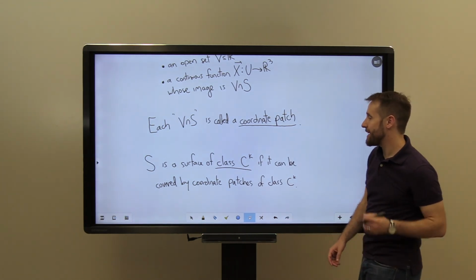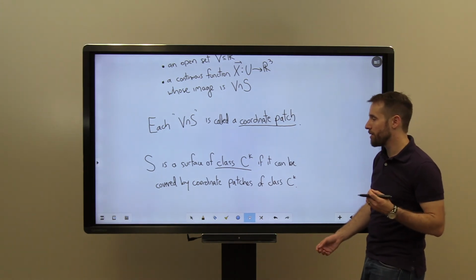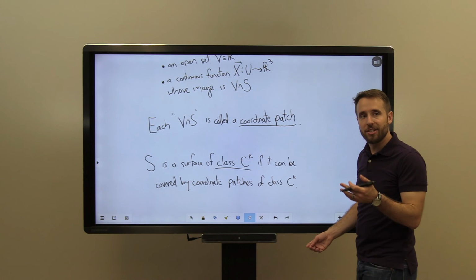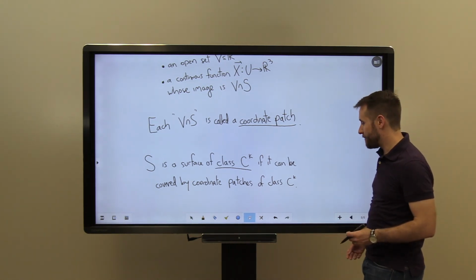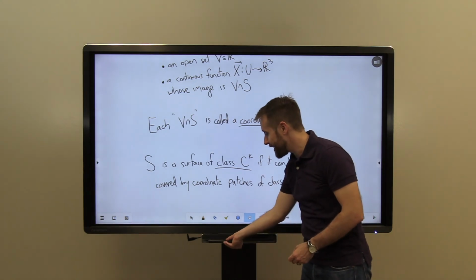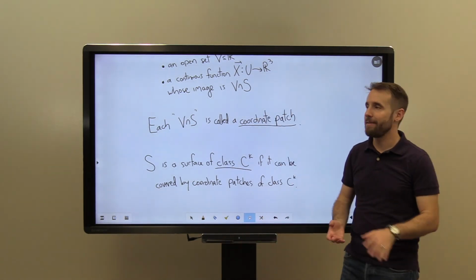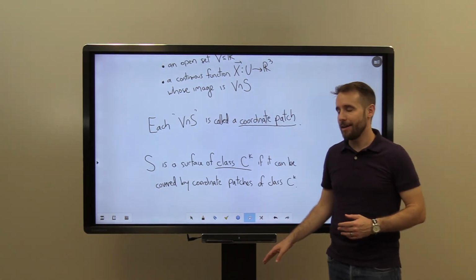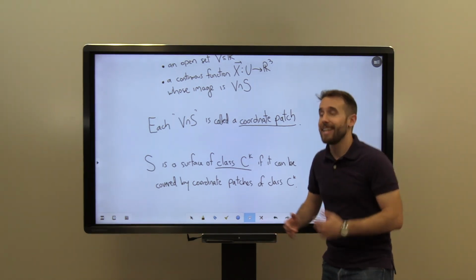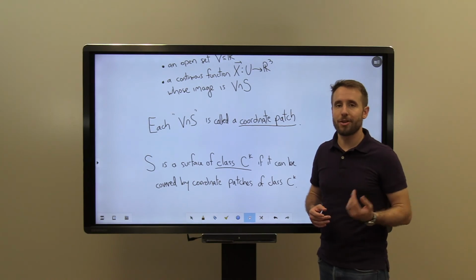So a surface is of class C^k if it can be covered by coordinate patches, and each of those coordinate patches involve functions that are of class C^k. So going forward, what we can see here is that we definitely have a much more complicated definition than we had in the past. And we'll see how some of the things that we've done with curves extend to new results on surfaces.